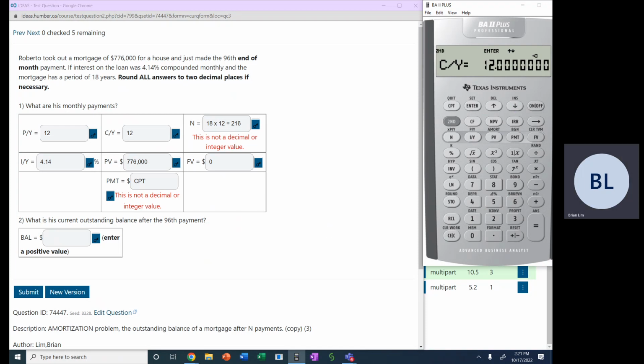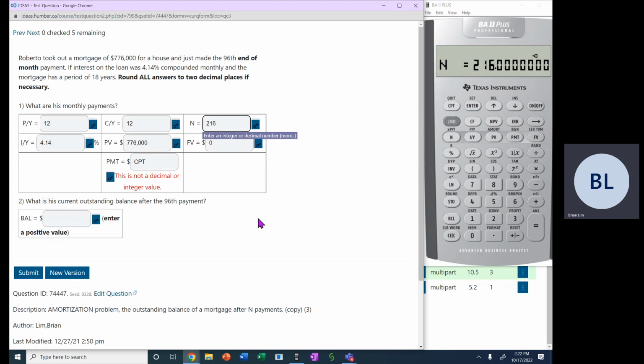Then we get out of there, and we enter 18 years to calculate N. We go second, N, and indeed 216 is the correct number. So we can delete what was in there.